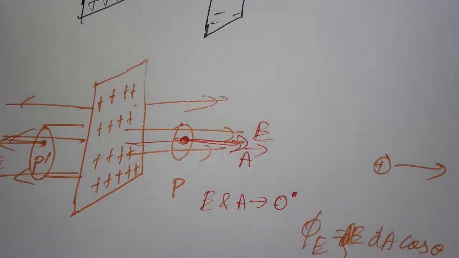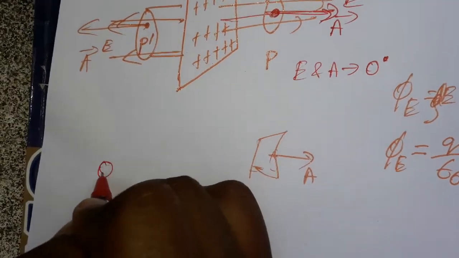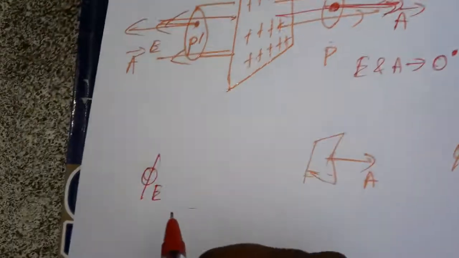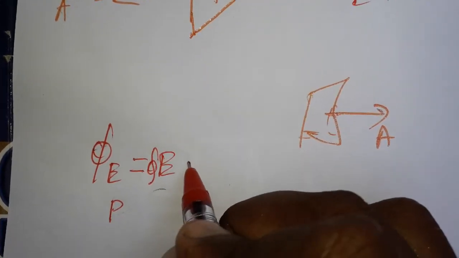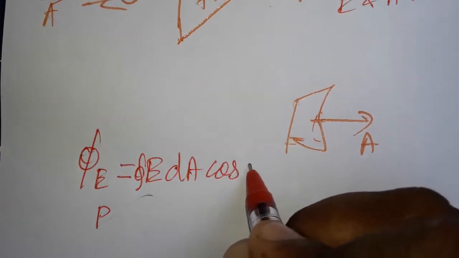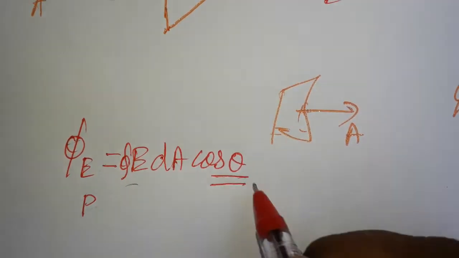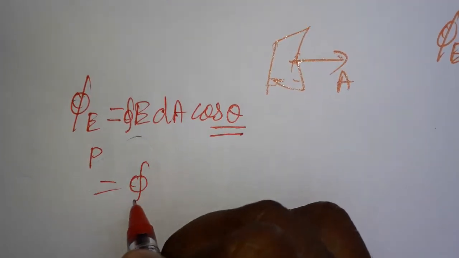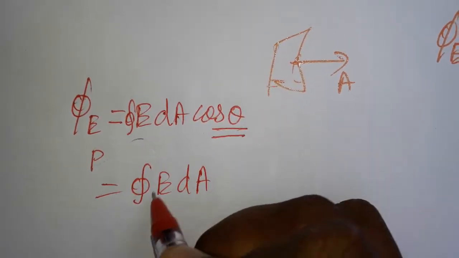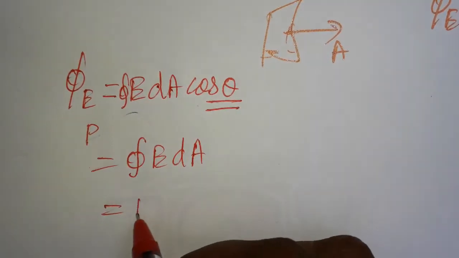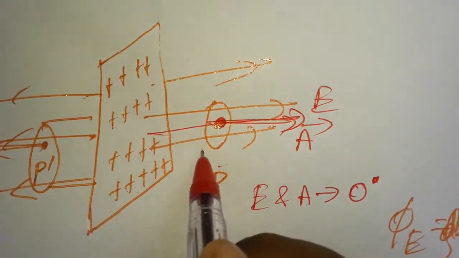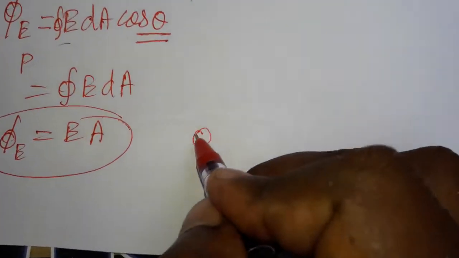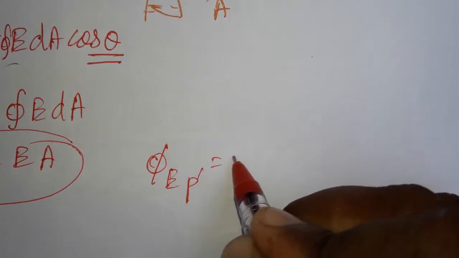Now I am going to find the electric flux at the point P. For one side, the integral of E dA cos theta. Theta will be 0 degrees, cos 0 will be 1. So the closed integral of E dA represents A only. So the flux on this side will be EA, and the flux at P dash is also EA.